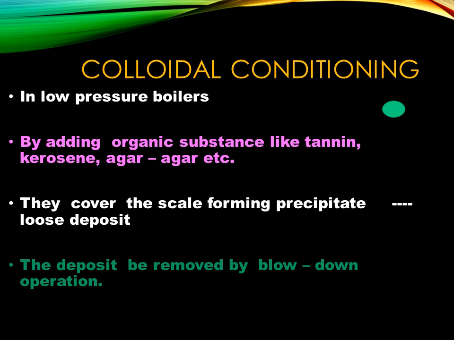The concentrated water with a lot of salt, hardness producing salt, is removed from the boiler by the outlet at the bottom, and at the same time we add fresh water to the boiler from the upper part. This process is called blow down operation.